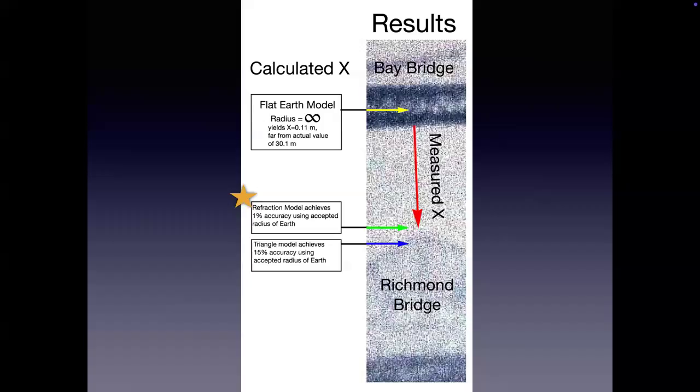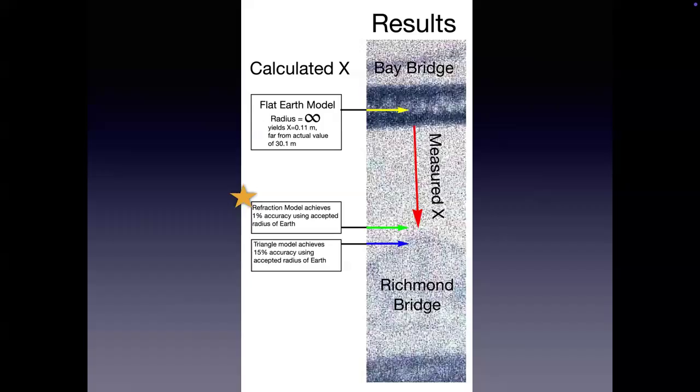You have to be careful, because, as with the setting sun, the image gets squashed into an oblate shape as the sun sets. You don't want that to happen to your vertical measurement.